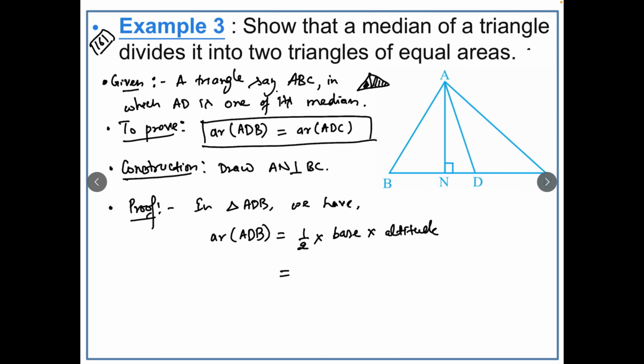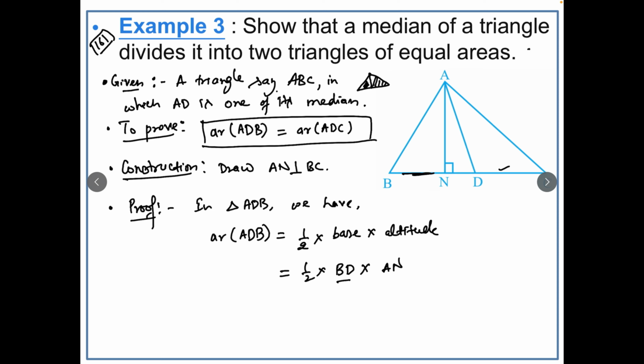Okay, in this case we have this half. The base for this triangle ABD is this BD. So in place of base we write BD, and the altitude is AN. Okay, and we can replace this BD by DC, because we know that as AD is the median, D will be the midpoint of the side BC.